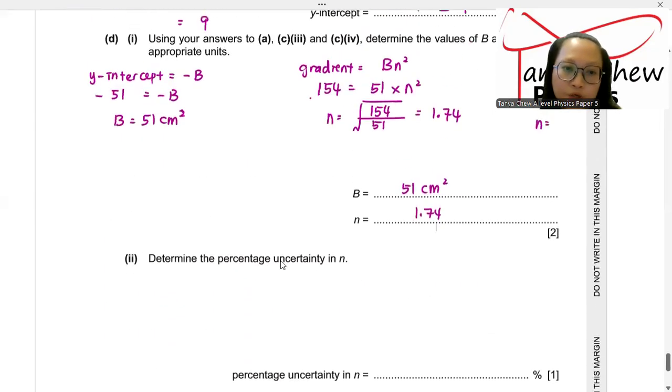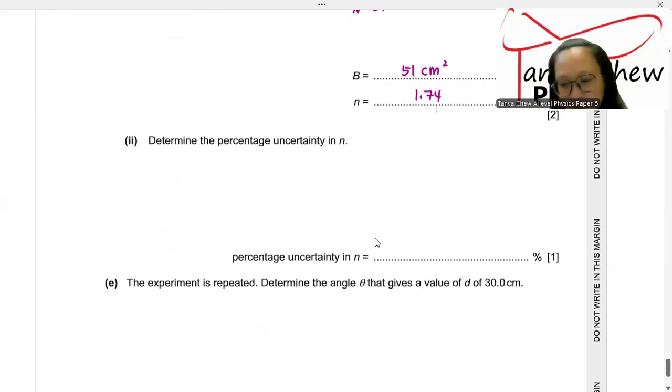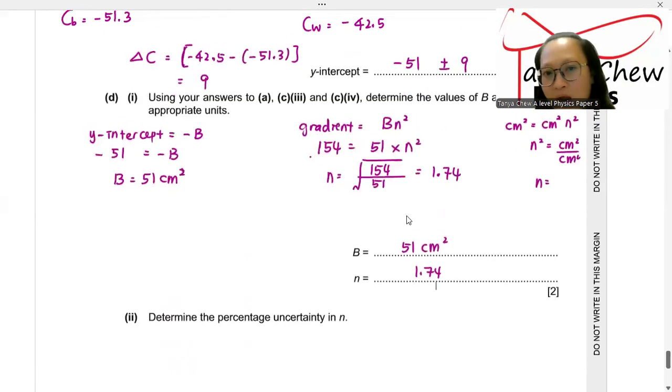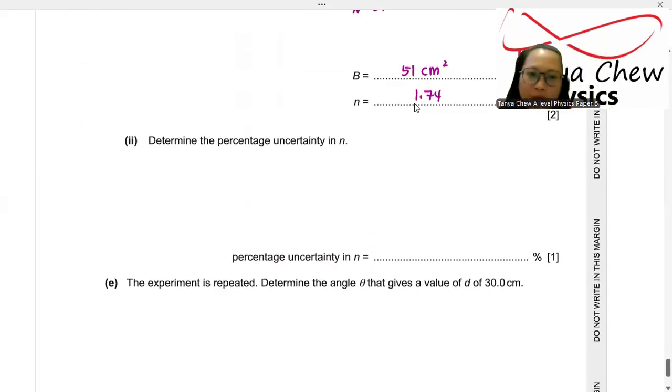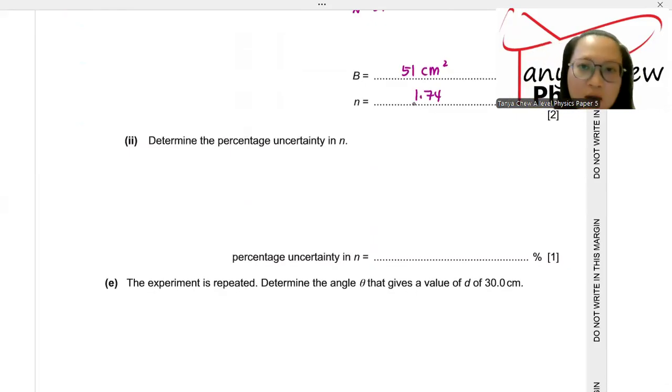Now, determine the percentage uncertainty in n. Wow, so I need, because the n here that I calculated, I use the best fit. Right? Best fit gradient, best fit B to do my calculation. So the other way to do it is that I find the worst fit.